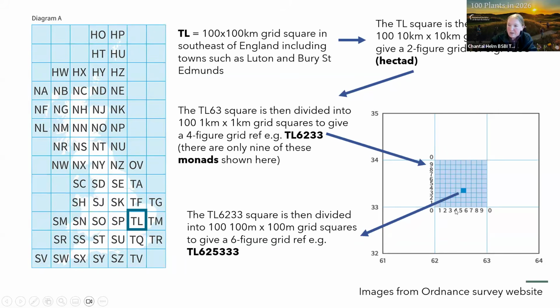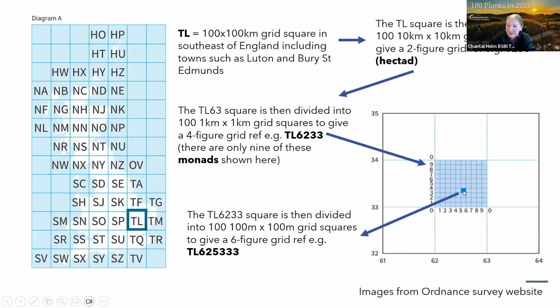Okay, and then that 1 by 1 kilometer square can again be subdivided into 100 100 meter by 100 meter squares. And that would then give you a higher resolution grid reference, a 6-figure grid reference. So in this case, if I'm talking about this little dark blue square here, I've divided my 1 kilometer square into 100 meter by 100 meter squares.